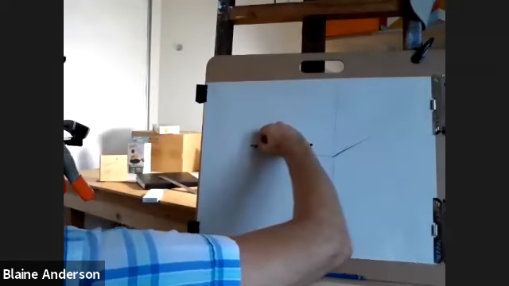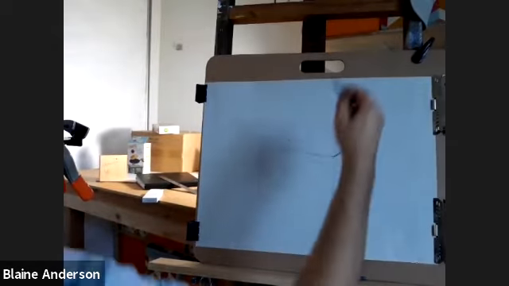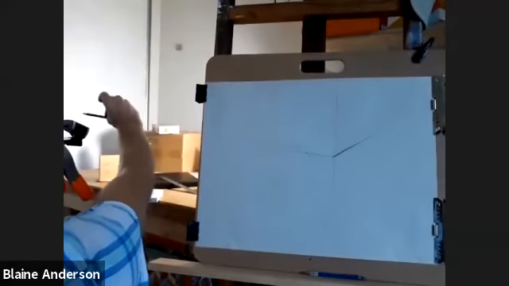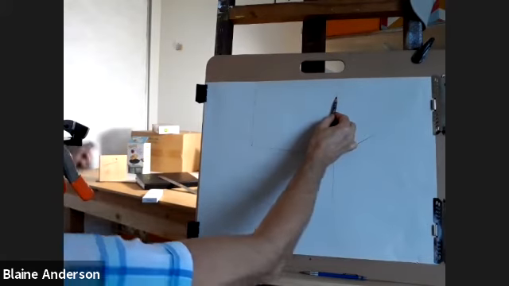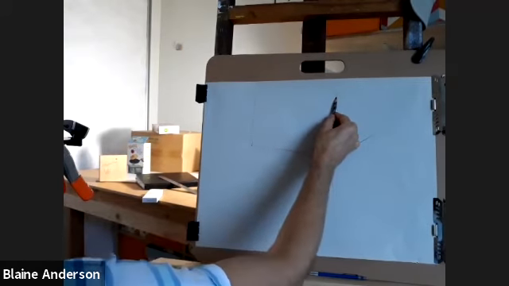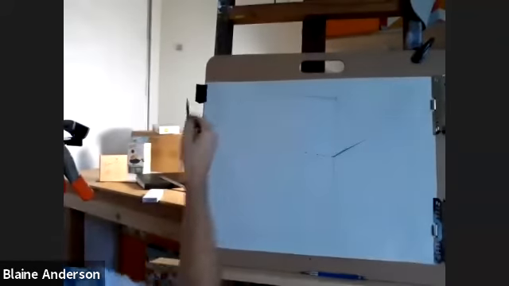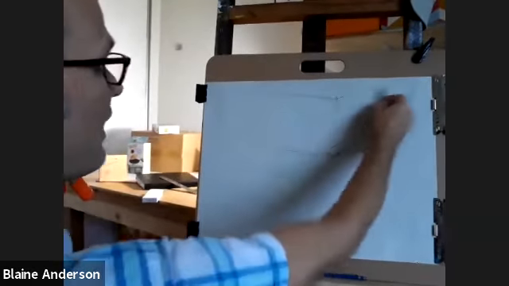I know that goes straight up and down, so I can just draw that up and down straight. Now from this edge here, I'm not going to go flat. I'm going to measure what it is. Put my pencil over here, put my eye back over here, and draw that how I see it. I'm going to measure this top corner of the box, and I'm going to draw that.